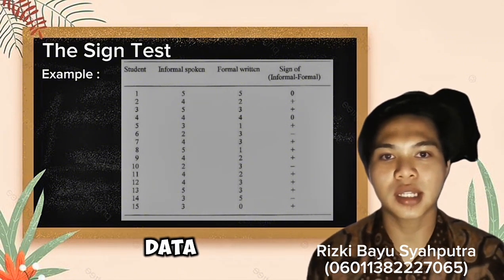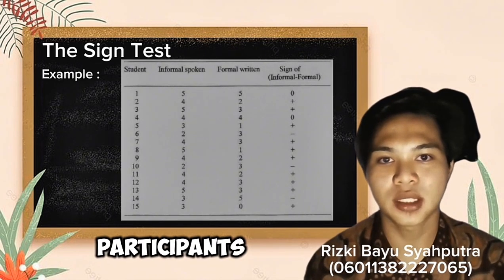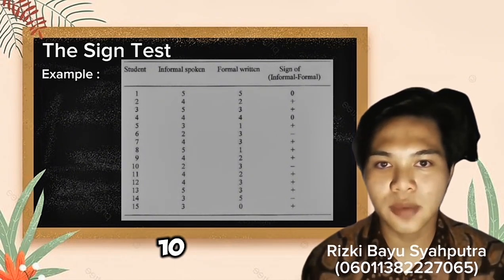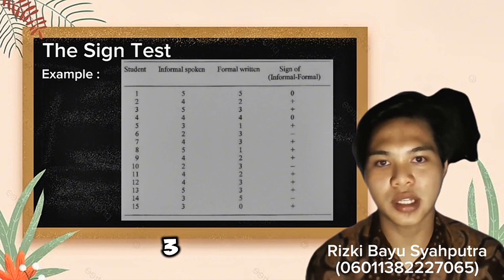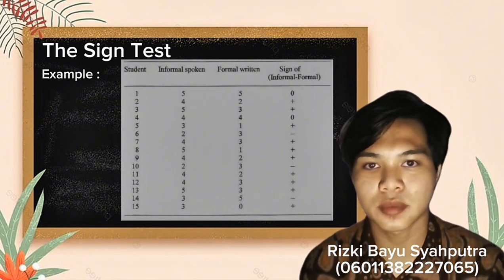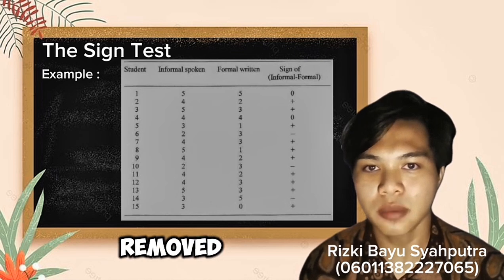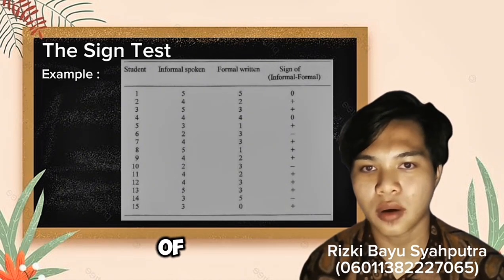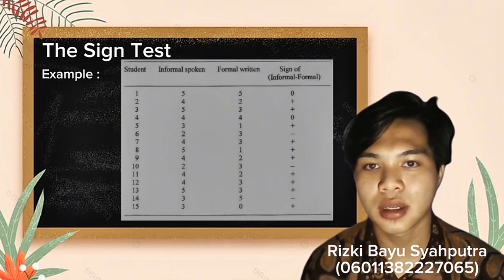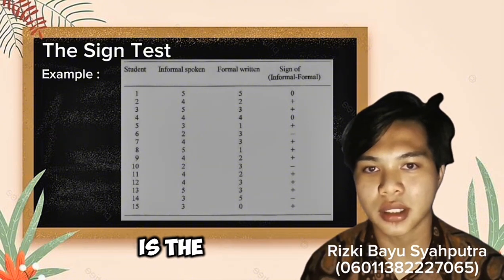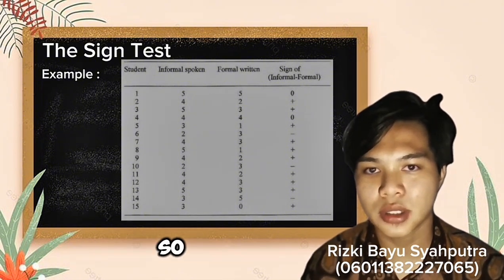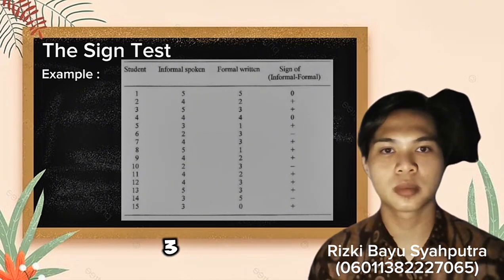After collecting the data from 15 participants, the results show 10 positive differences, 3 negative differences, and 2 ties. The tied values are removed, so the total number of pairs becomes 13. Here the less frequent sign is the negative difference, which occurs 3 times. So x equals 3 and n equals 13.